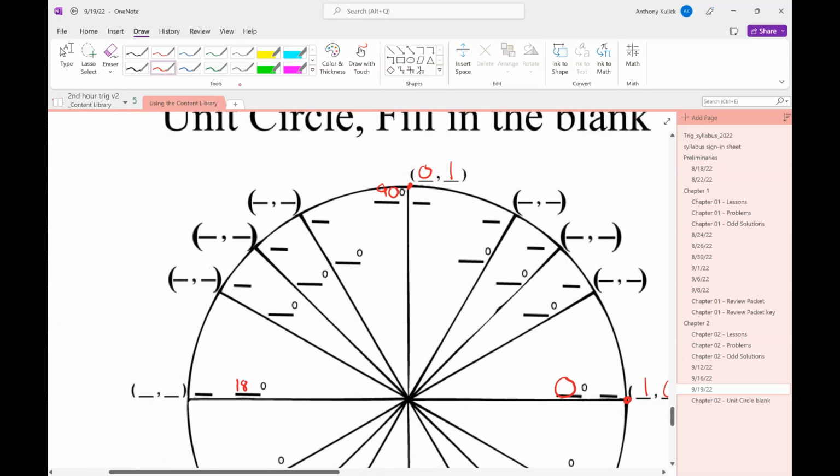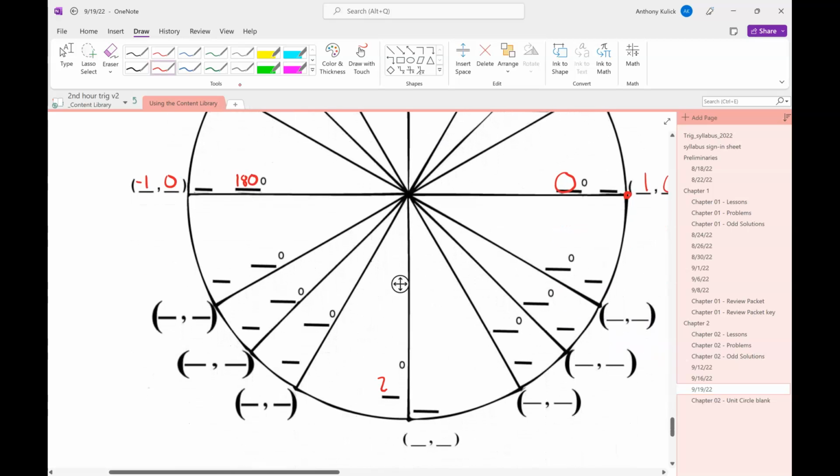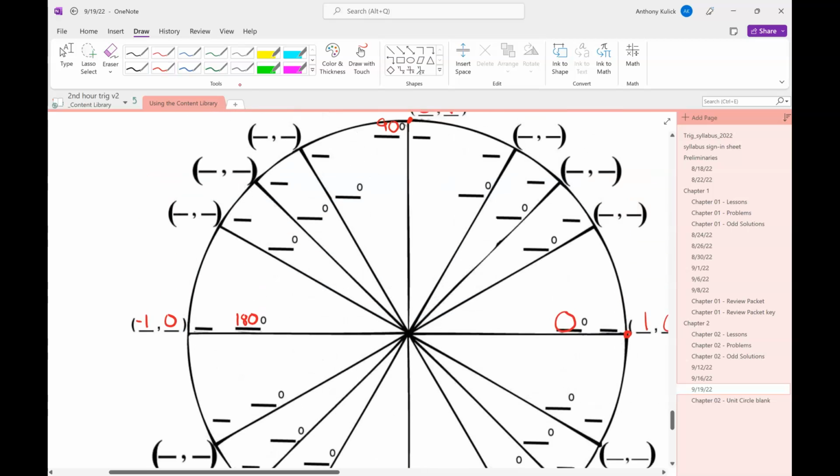And if we go over here to 180, this point would be (-1, 0). And if I go down to this last one at 270, that would be the point (0, -1). Everybody's okay there? Okay.